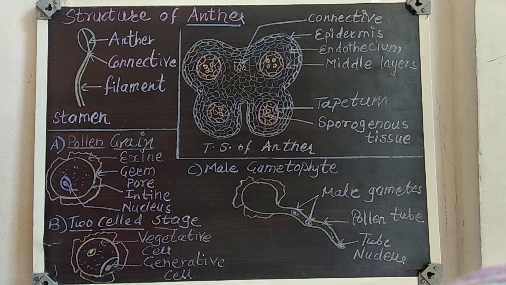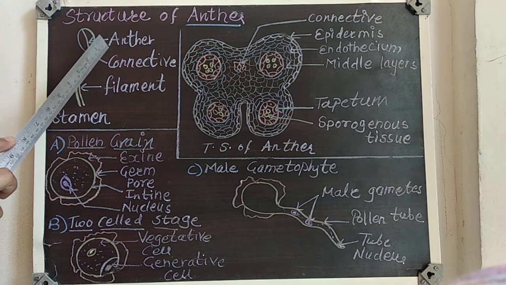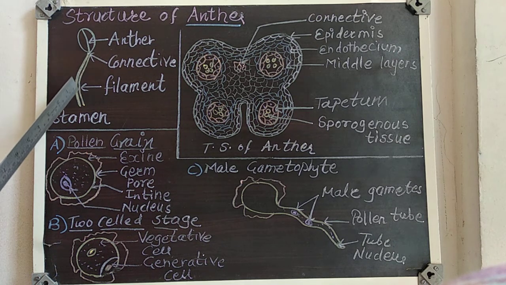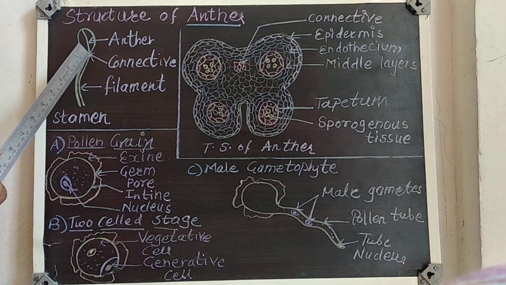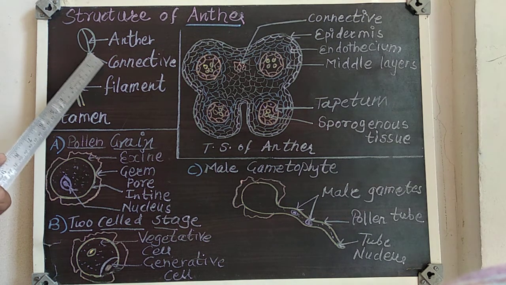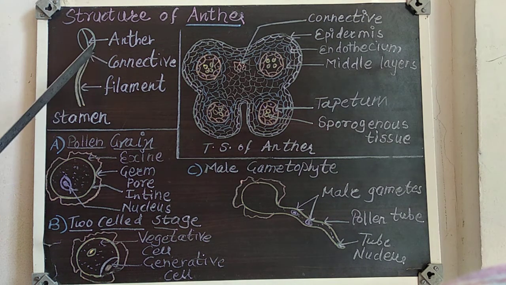Now starting with the male reproductive whorl, which is called as androecium, that consists of members. The members are called as stamen. Now here you can see the structure of stamen, which consists of the upper fertile sac-like portion, anther. The stalk is called as filament, and the point where the stalk or filament attaches to the anther lobe is called as connective.